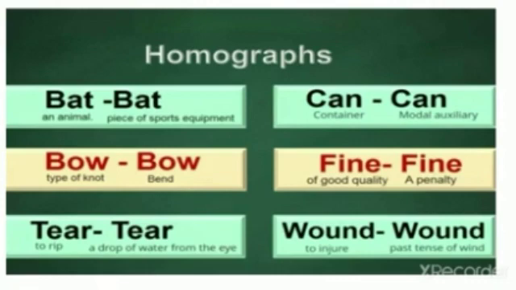The word tear has different pronunciation also, tear and tear. Drop of water from the eye is called tear, to rip apart is called tear, but the spellings are same. Now look at the next word, wound. Wound means to injure, or an injury. Another word is wound, that is the past tense of wind. So these are called homographs.